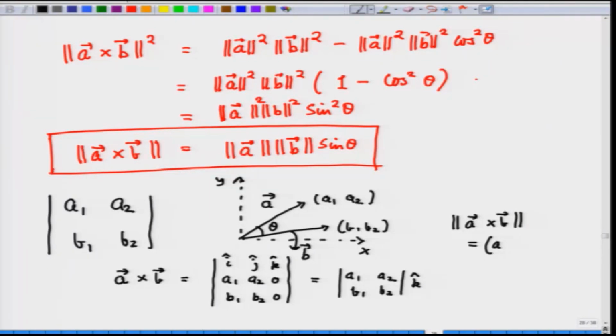So, here we are looking at A cross B as if it is a 3-dimensional vector. I am putting A1, A2, 0, and then what I am getting, the magnitude of this is nothing but A1 B2 minus A2 B1. So, this determinant, what does it give? It gives me the area of the parallelogram formed by the vectors A and B in the 2-dimensional plane xy.